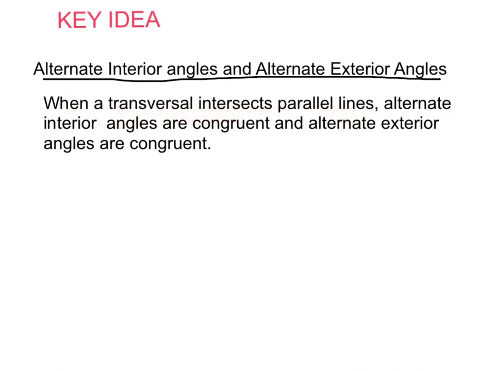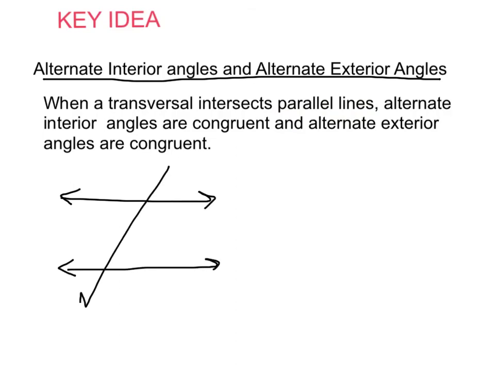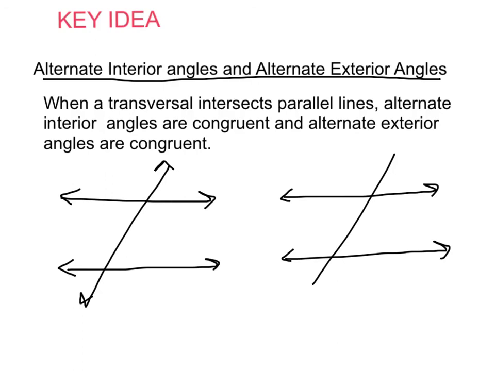So let's first just draw those. We have two parallel lines. We have two parallel lines. We have a transversal. So we're going to do this twice since we have two types of angles. Alright, so alternate and then interior. So we're going to start with alternate.